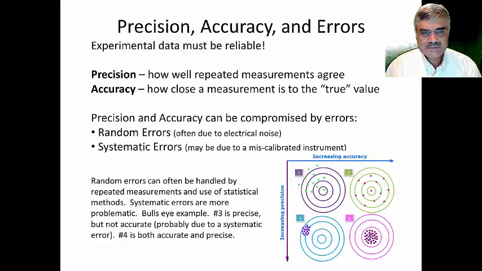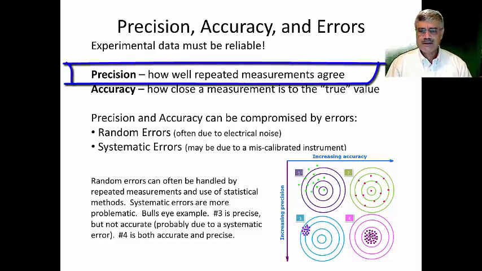Now, concepts of precision, accuracy, and errors. We want to cover this because it's very, very important to scientists and engineers to have experimental data be reliable. The terms precision and accuracy may seem to you like the same thing, but they're actually two different things.